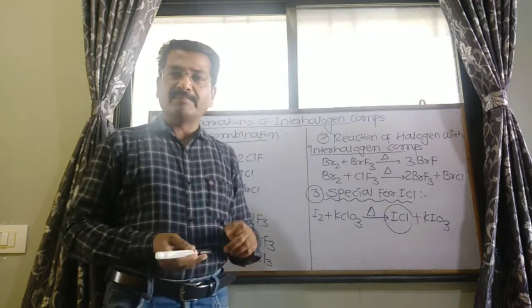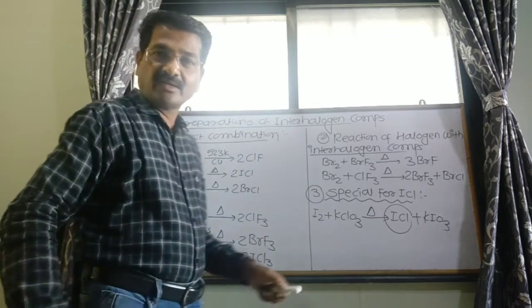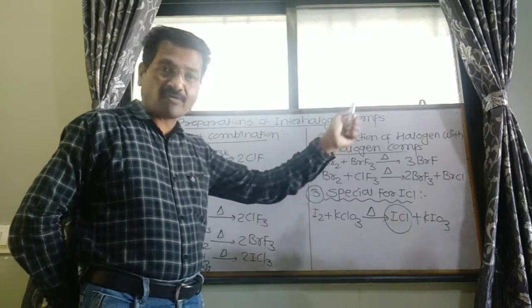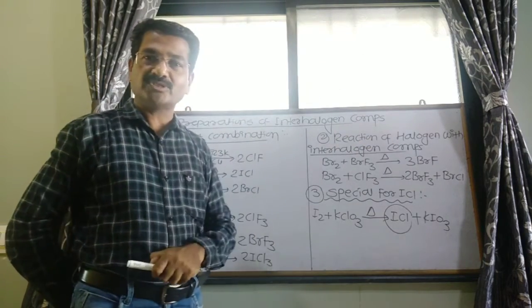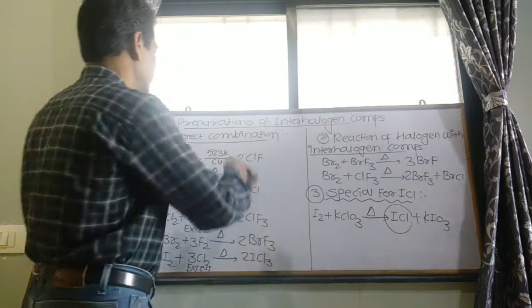So these are the preparation methods of interhalogen compounds. First is direct combination, second is the reaction of halogen with interhalogen compounds, and third is the special method for ICl.